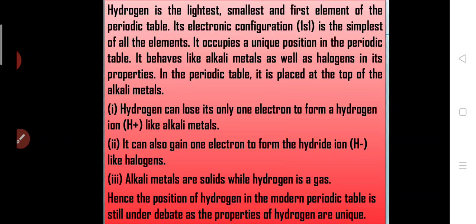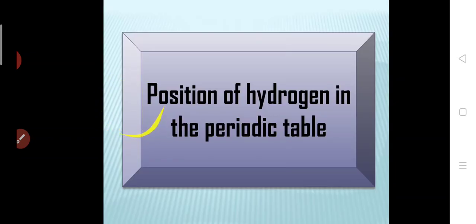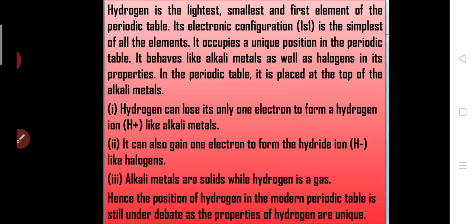It occupies a unique position because it behaves like an alkali metal and also like the halogens. Taking the first point, hydrogen can lose its one electron and form the hydrogen ion, H+, like alkali metals.